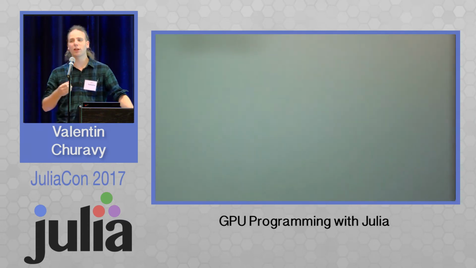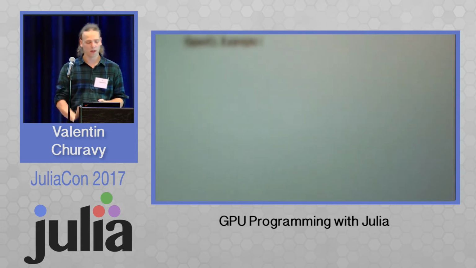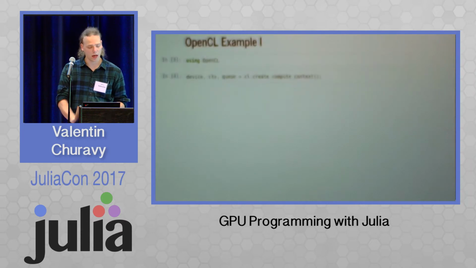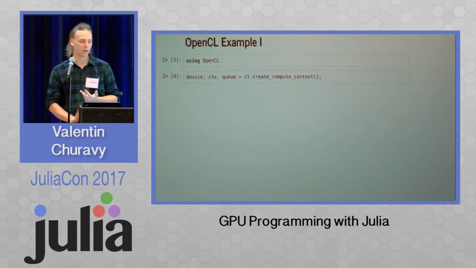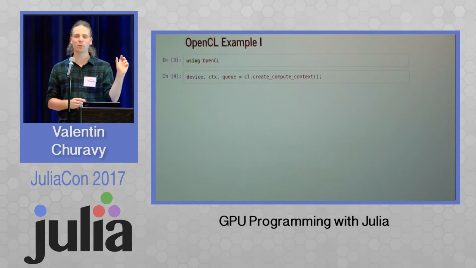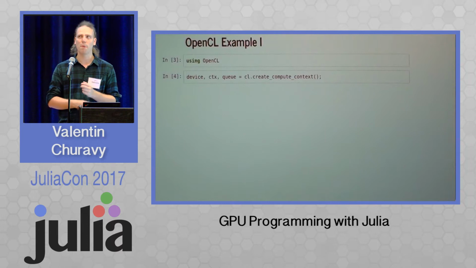So just to give you a small feeling of how it is to write OpenCL code in Julia, we start out with importing the package. Then we create a device, a context, and a queue. All of these three things are OpenCL concepts, where the device is the actual computational device. The queue is used for synchronization, and the context is for memory management.